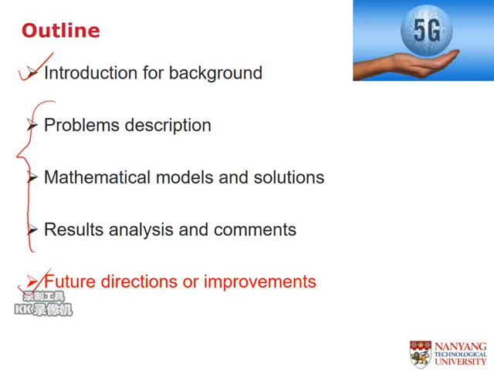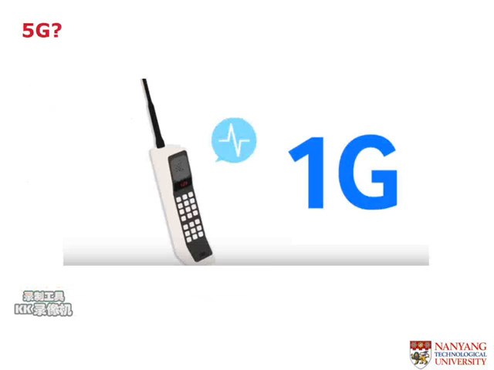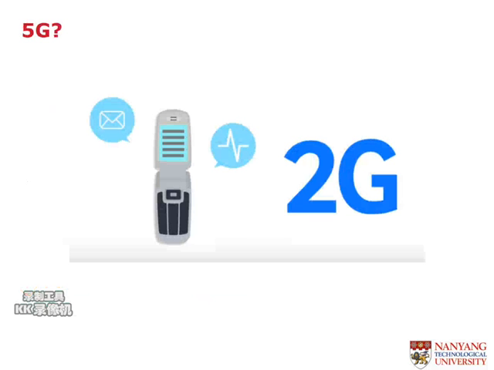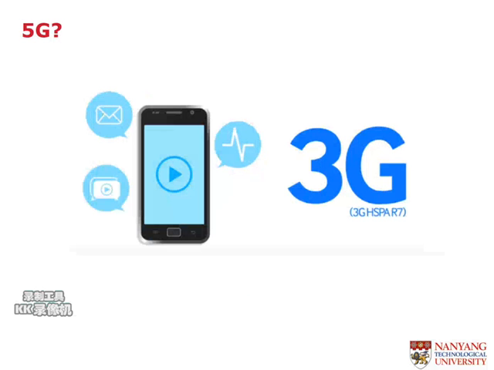What's 5G? Briefly speaking, it means the fifth generation mobile communication system. The first G was the start of personal communication. The second G allowed users to transmit data like text messaging, and to send voice signals which could be converted into digital signals. The third G is the world of smartphones, which has multimedia communication functions.